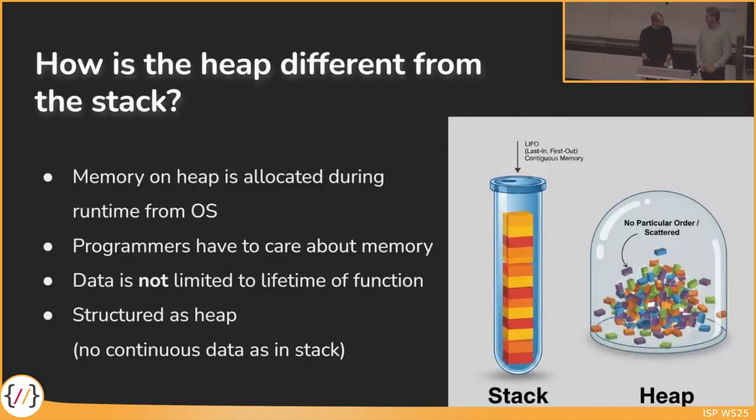There is one downside to all these advantages of the heap: we as a programmer have to take care to remove this memory we have used. It's not automatically removed, as it is with the stack, so we have to remove it. That's the downside, but we'll come to that later on.